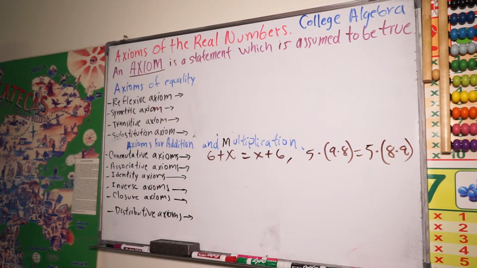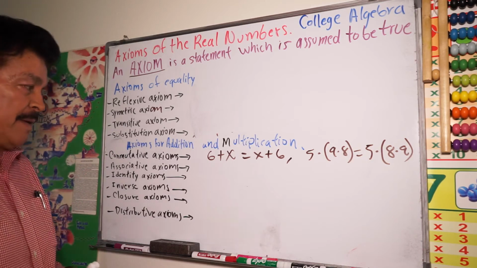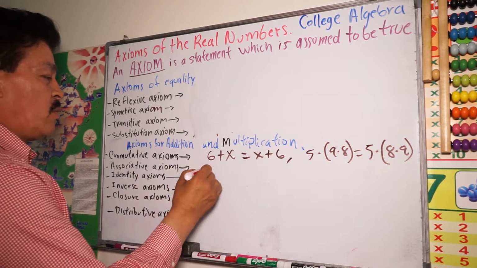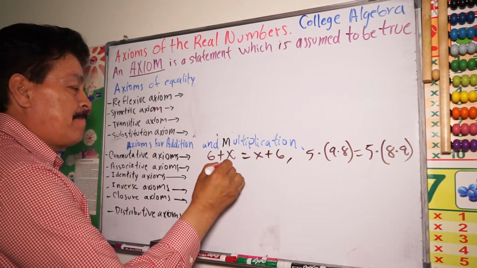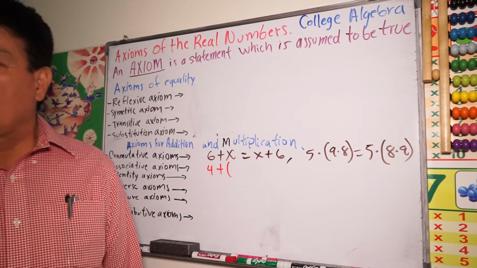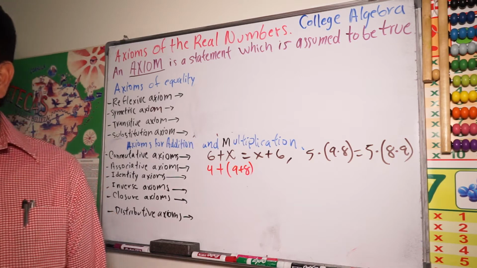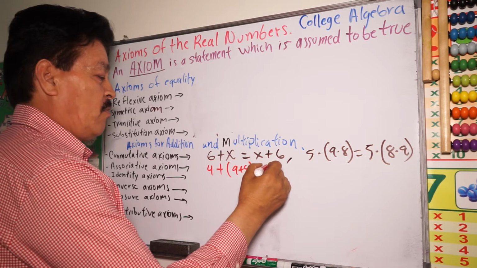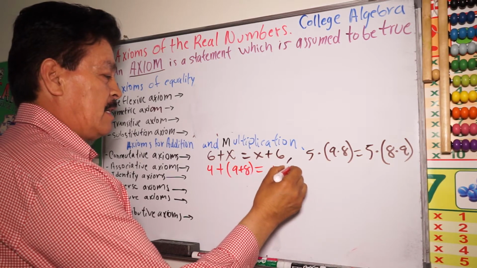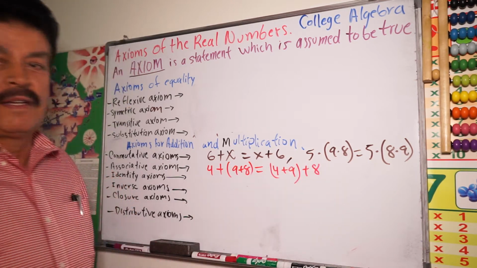Those are commutative axioms, right? Now the associative axioms work this way. You write, for example, 4 plus 9 plus 8, grouped as 4 plus the quantity 9 plus 8, and the associative way is the quantity 4 plus 9, plus 8, the same thing.